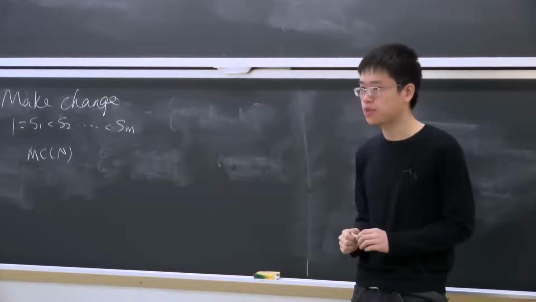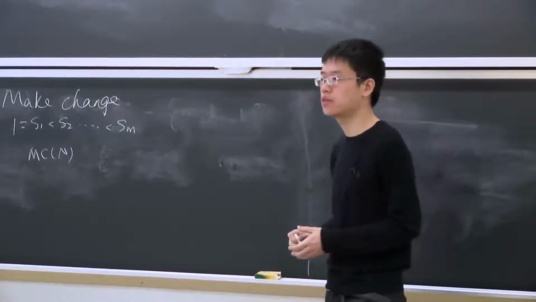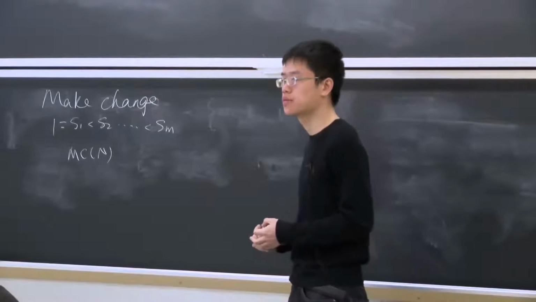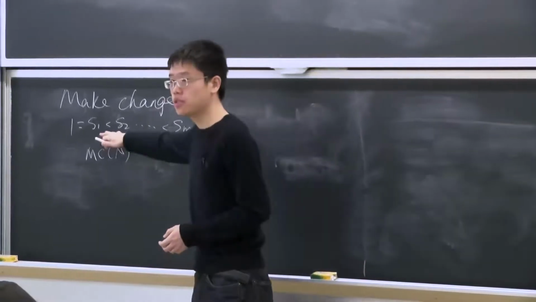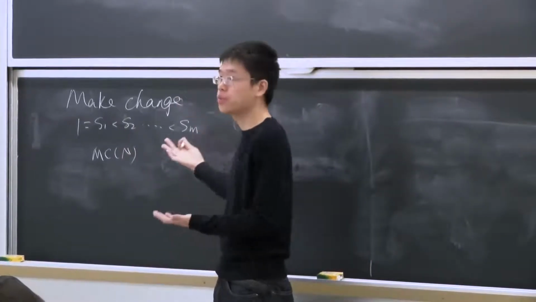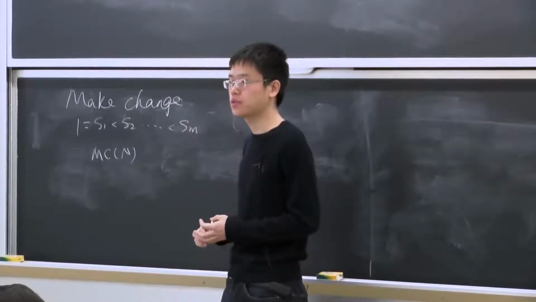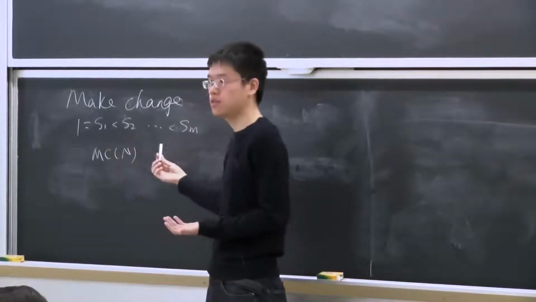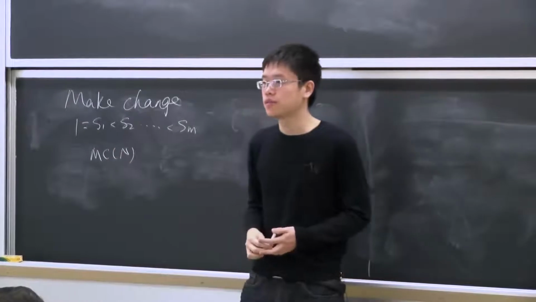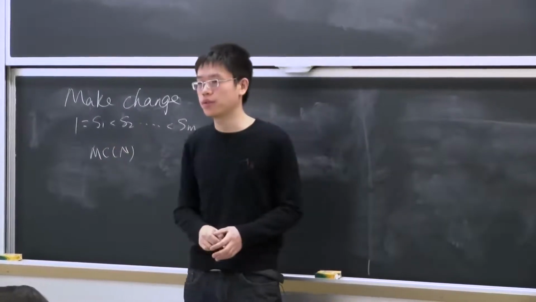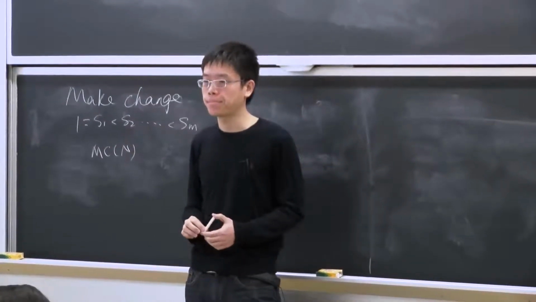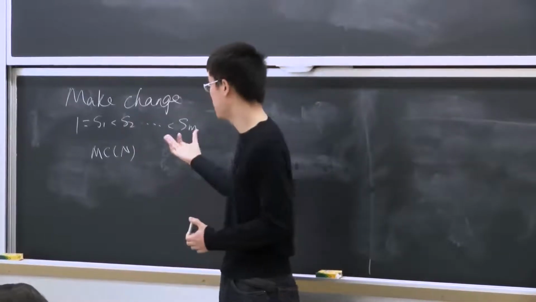Any ideas? Oh, is the problem clear? Go ahead. How do you define S_i again? These numbers are also inputs. It could be 1 cent, 5 cents, 10 cents, or 3 cents, 7 cents, though the smallest one is always 1. I need to find a combination of them.